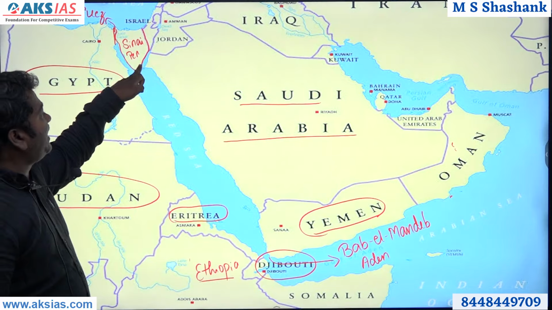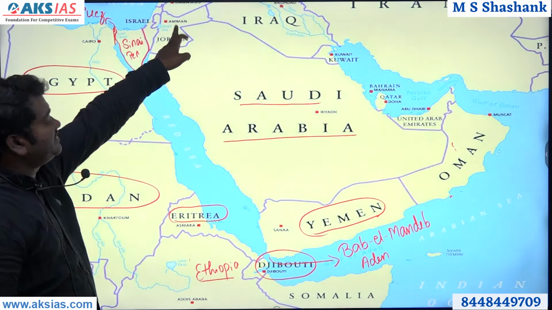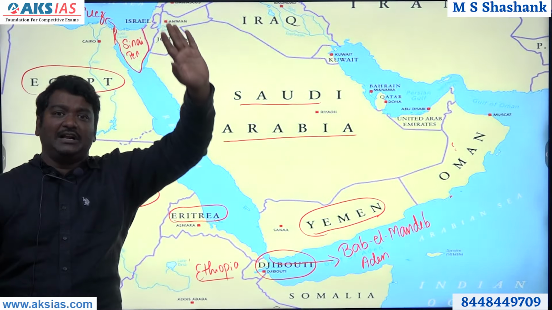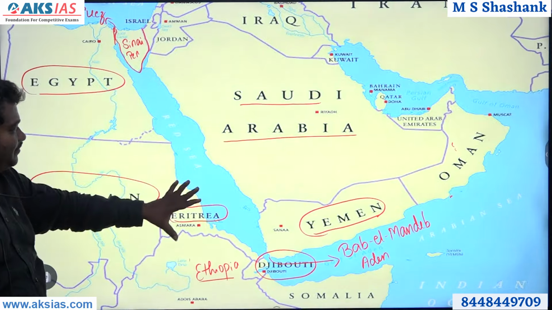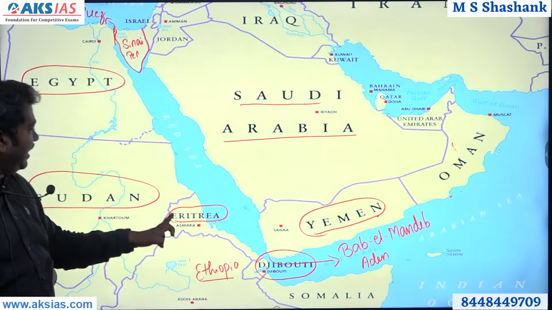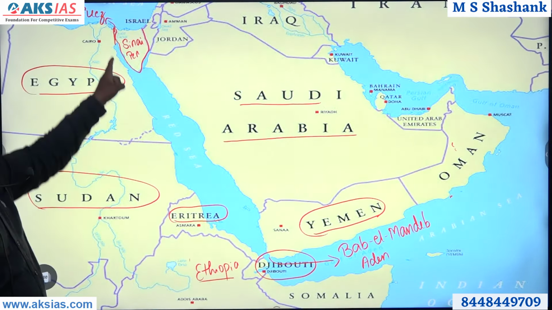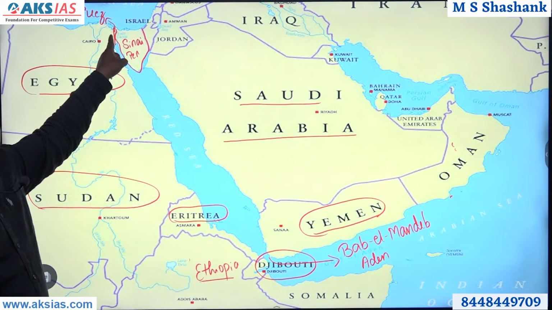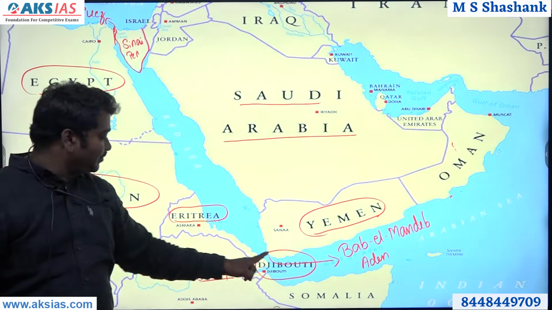When I talk about Israel, Palestine, I will be talking about the Gulf of Aqaba, the Dead Sea, the Mediterranean Sea; that aspect I'll deal separately. But when I'm talking about the Red Sea, Saudi Arabia, Yemen, Djibouti, Eritrea, Sudan, Egypt, I should mandatorily know them. Red Sea, Suez Canal, Bab el Mandab, very, very important.